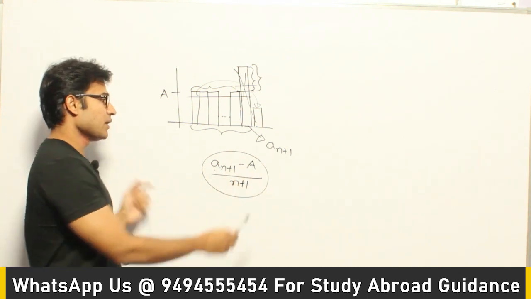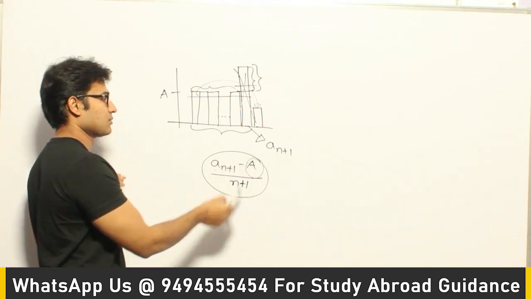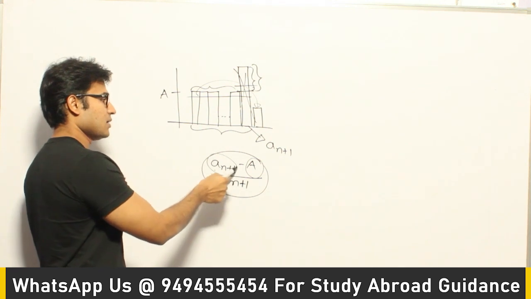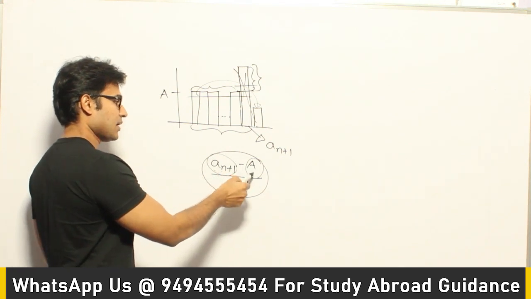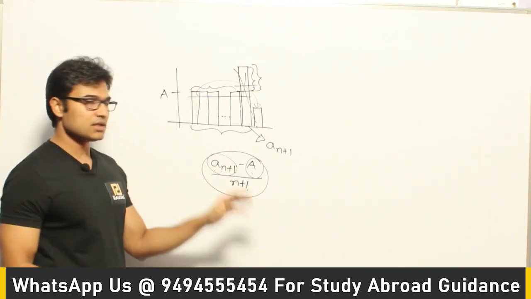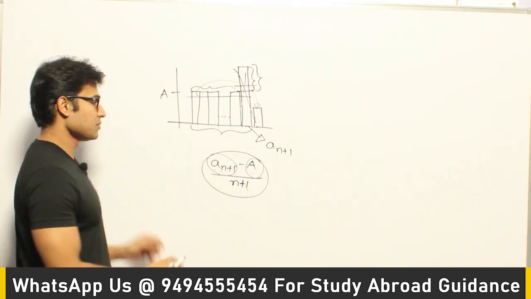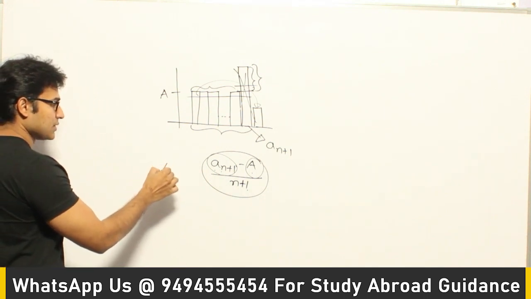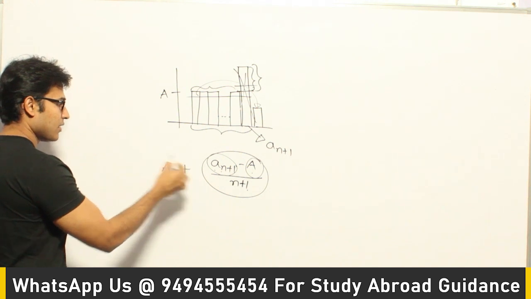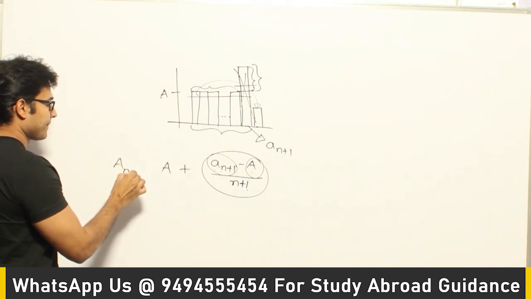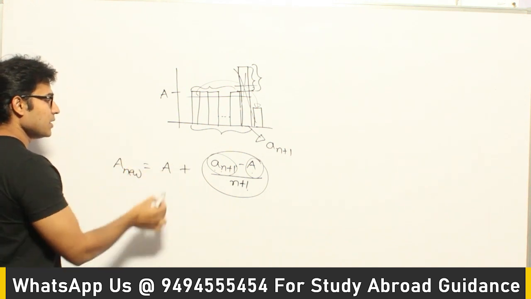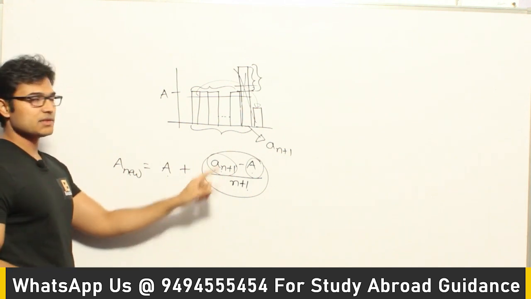So what is it? The existing average, and this is the new value added. New value minus existing average divided by n plus 1 is the difference that we are going to have. So if our original average is this A, then our final new average will be this. New average of the group will be original average plus this.